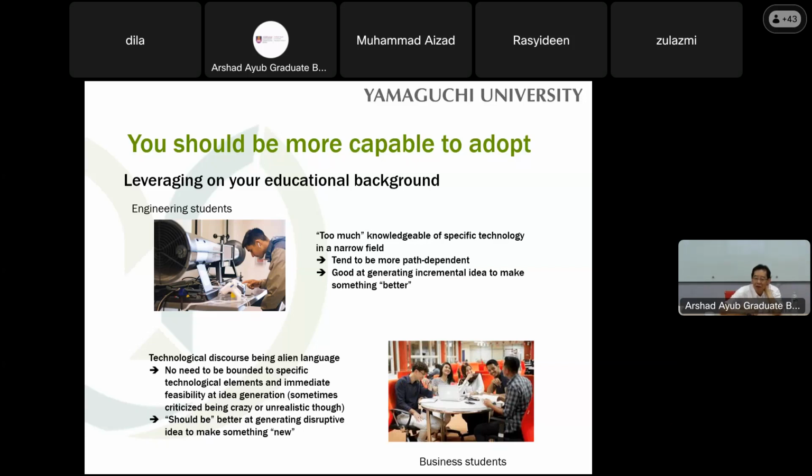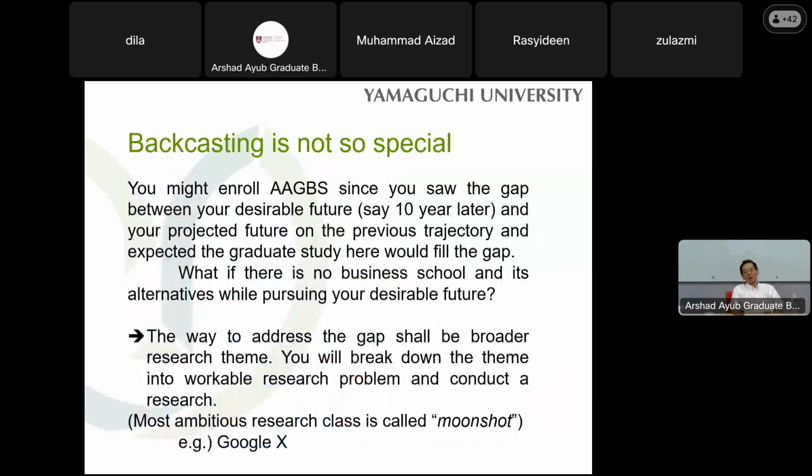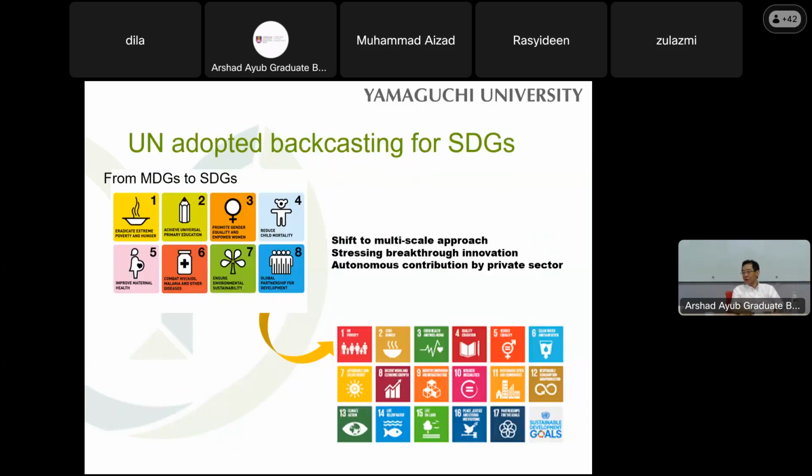And you can leverage your lack of knowledge. If you are creative or visionary, you are not binding yourself when you think about the scenario that the engineers may claim you are crazy or can never happen. But that's what the SDGs are for.